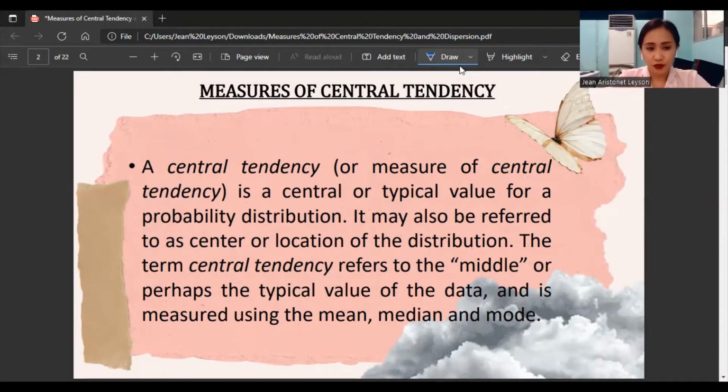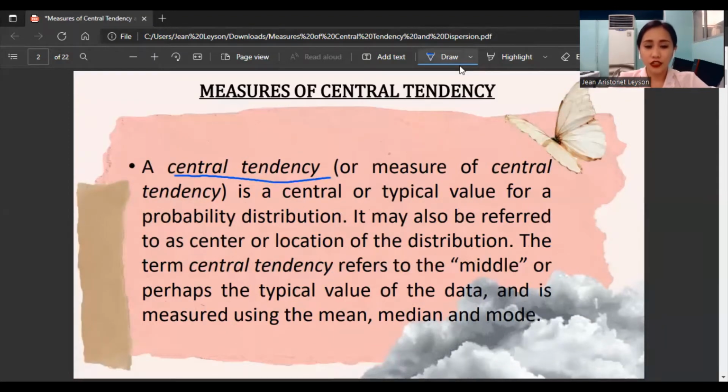By definition, a central tendency or measure of central tendency is a central or typical value for a probability distribution. It may also be referred to as the center or location of the distribution.